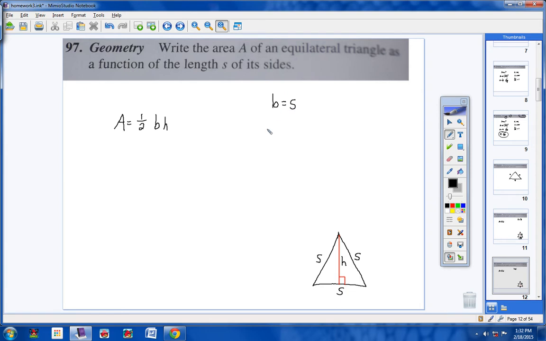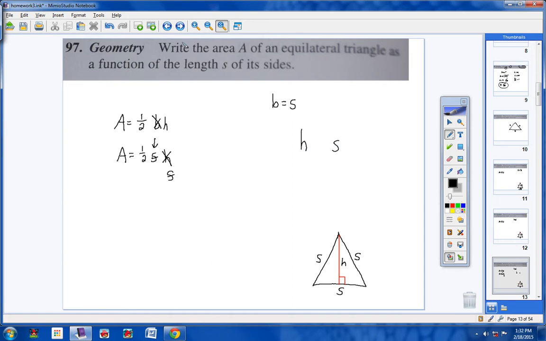That means next, I can substitute S in for B. So I've gotten rid of one of my letters. That's really good, okay? So where the B is, I'm going to substitute S. So I'm halfway there. I got rid of the B and I have an S. Now the last thing I have to do is get rid of my H and get an S in there.